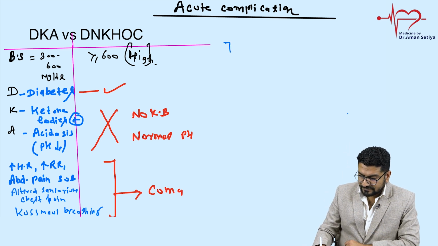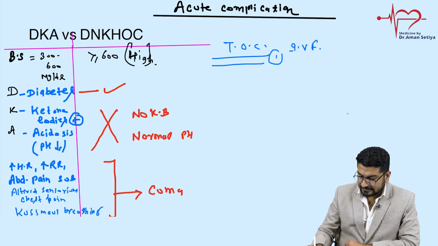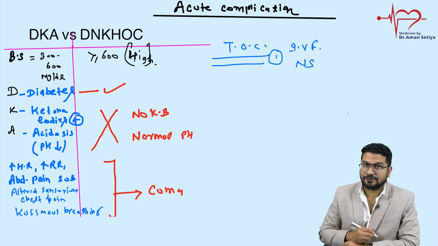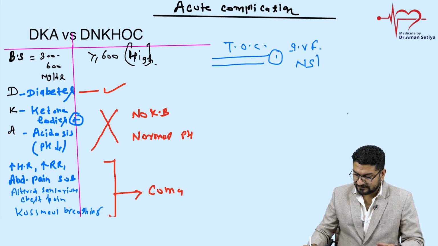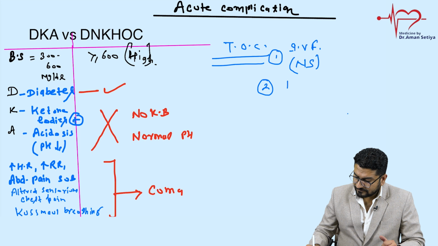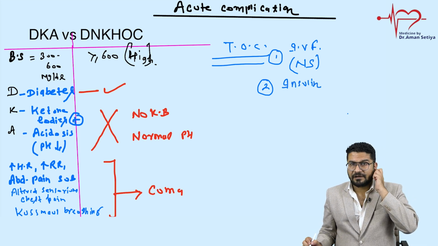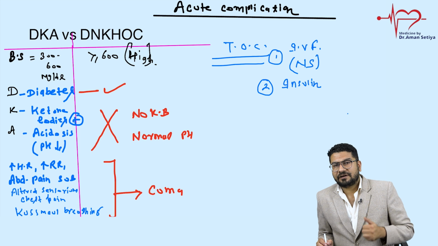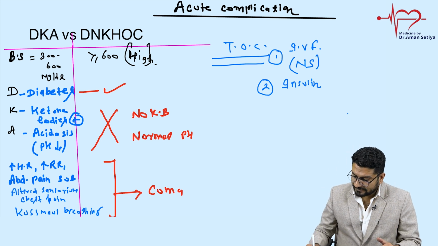Treatment of choice in both conditions: first, we have to give aggressive IV fluid. The fluid of choice is not dextrose, not DNS, we give only NS, normal saline. After this we give insulin. Remember, bioavailability of an IV drug is 100%, so we prefer to give regular insulin.